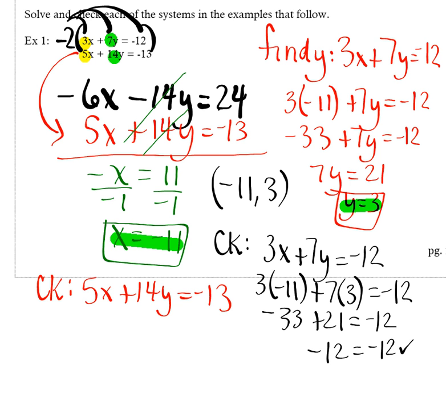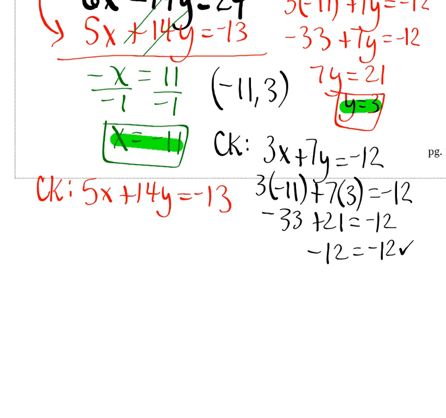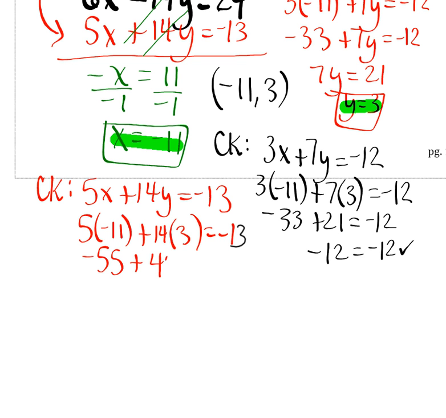I want to check the point negative 11, 3. 5 times negative 11 plus 14 times 3. Does that equal negative 13? And looks like, yes, it does. Okay. So now I know that this point checks in both of my equations, so I'm good.